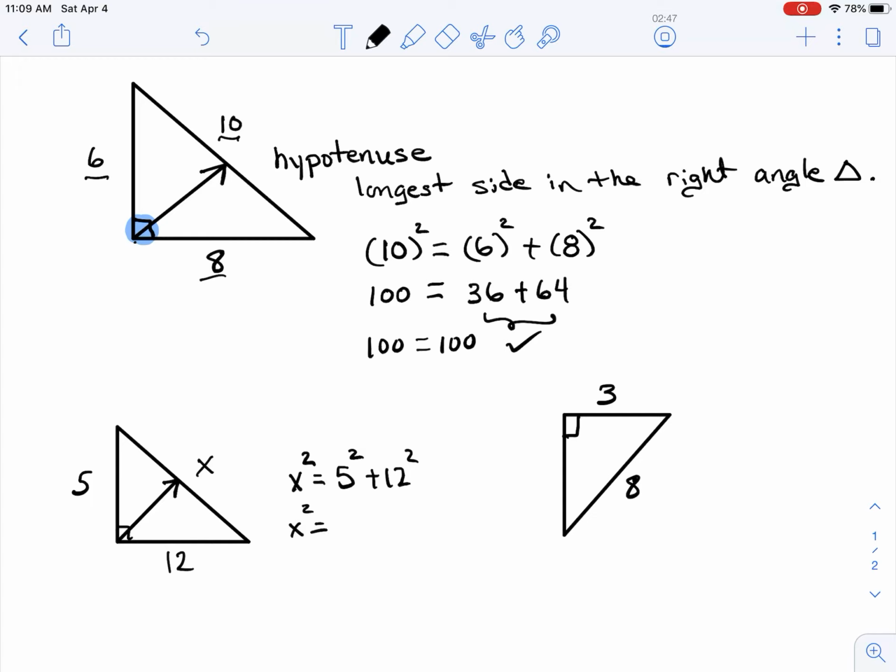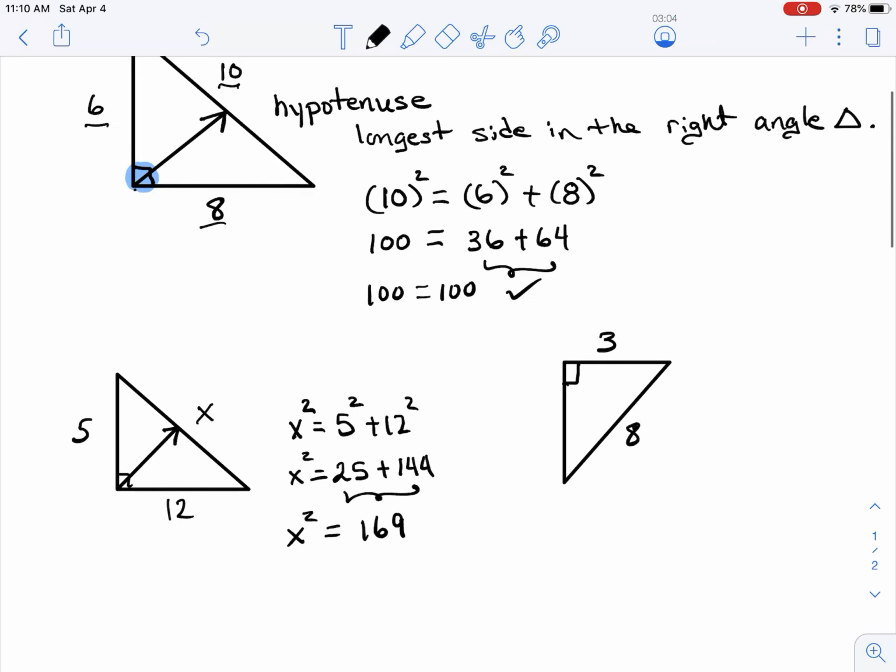So now I'm going to work this out. 5 to the exponent 2 is going to be 25. And 12 to the exponent 2 is going to be 144. I'm going to add these together. So now you don't want to guess what to the exponent 2 is 169. You want to find that square root button on your calculator.